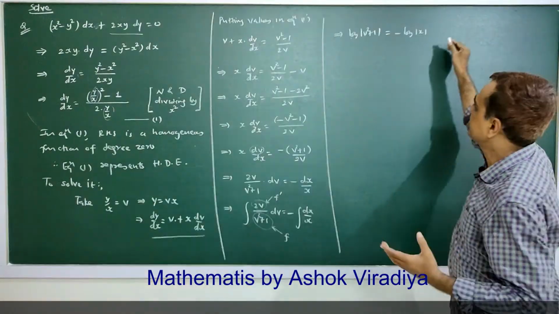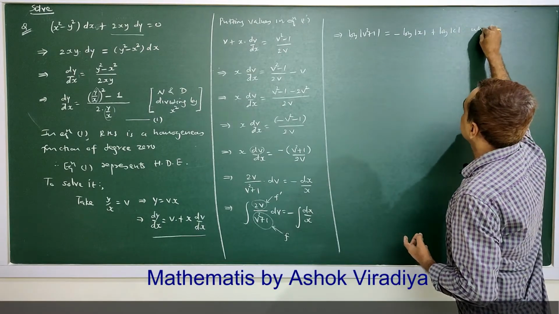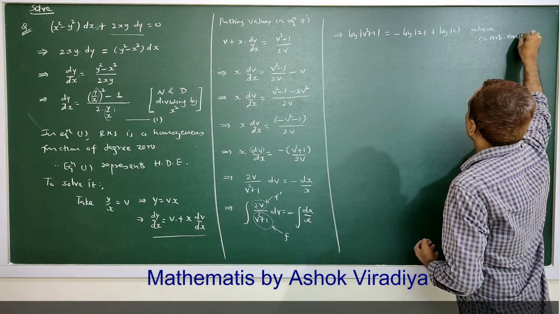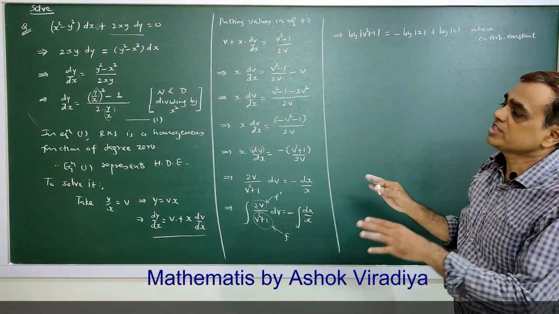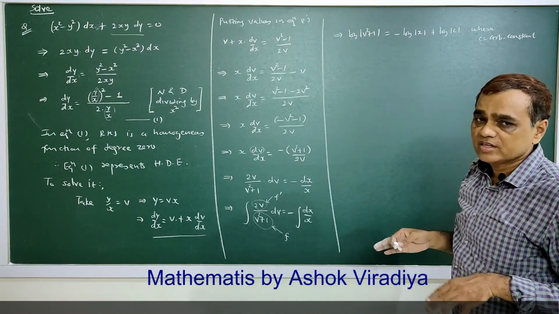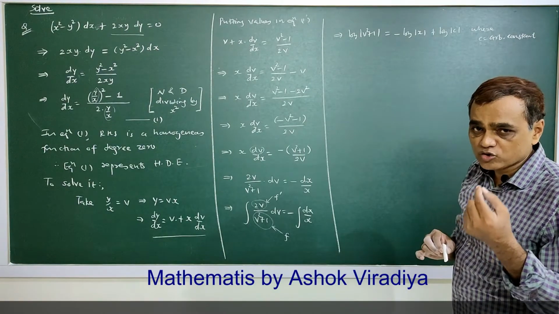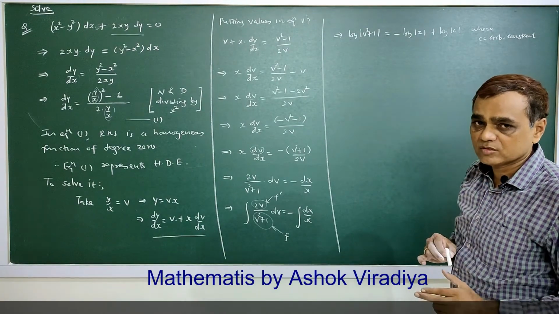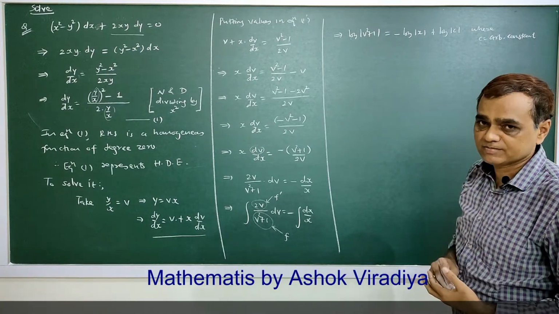So put the arbitrary constant in log form, log modulus c, where c is an arbitrary constant. In this homogeneous differential equation method, in most sums, we replace the arbitrary constant in log form. Always we put c as log of modulus c.